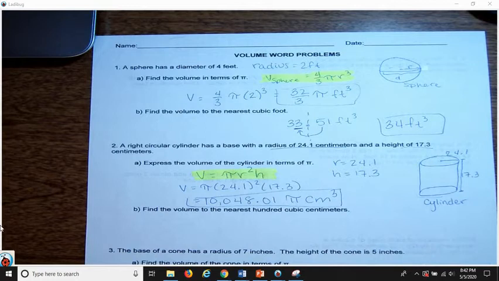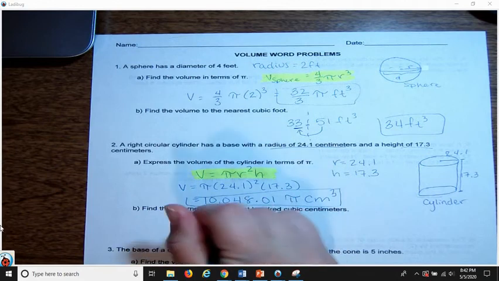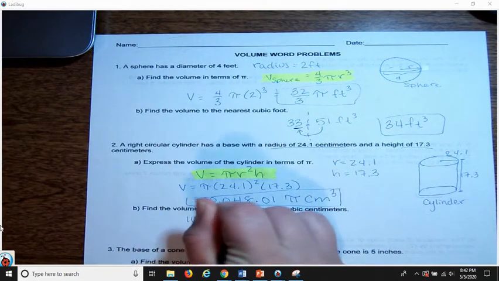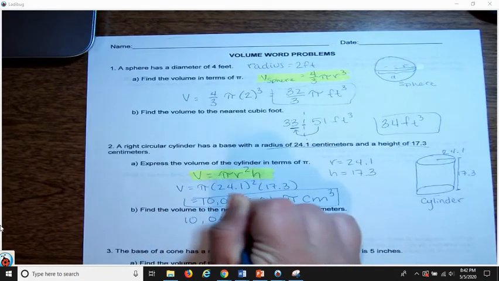Okay. Then part B says find the volume to the nearest 100 cubic centimeters. So here I need to actually multiply out what I had in the first part.